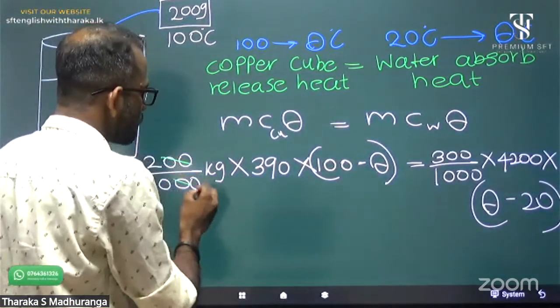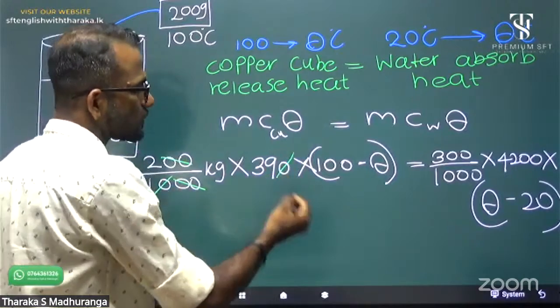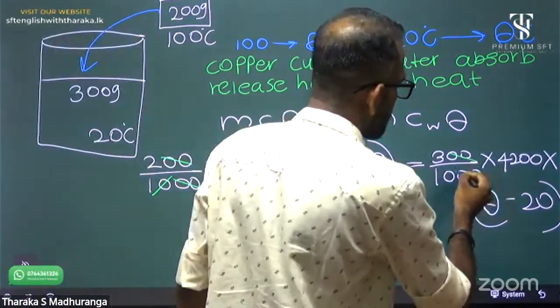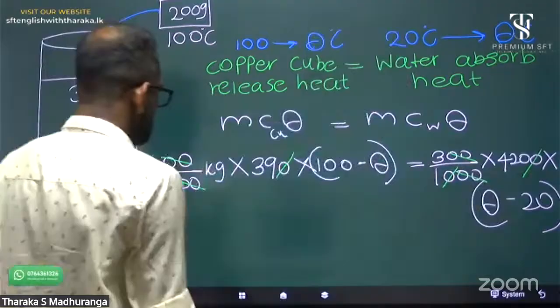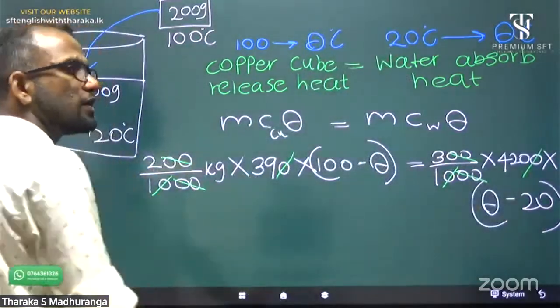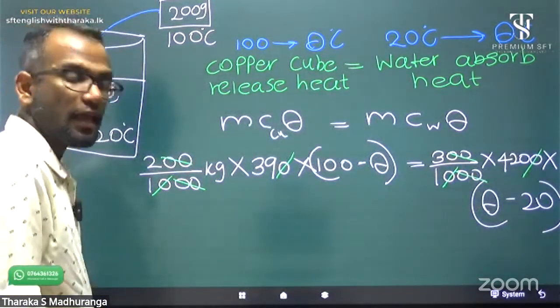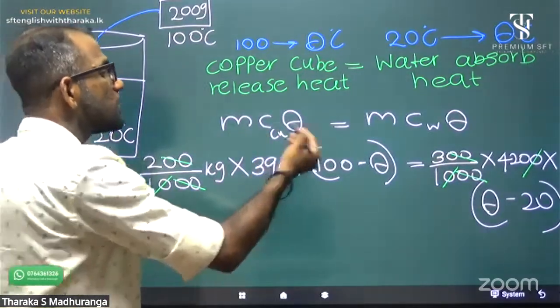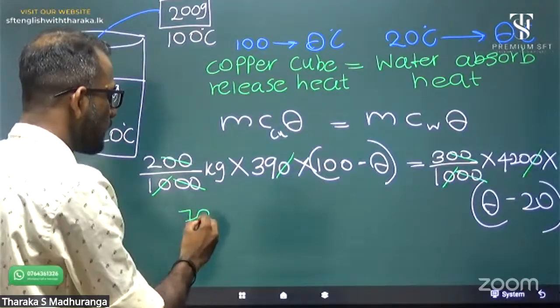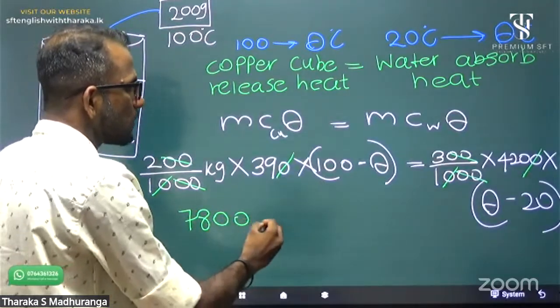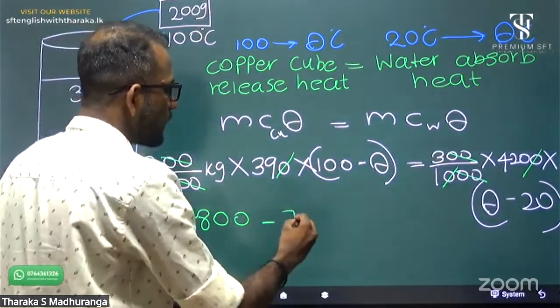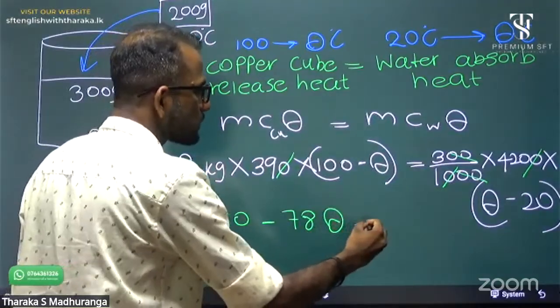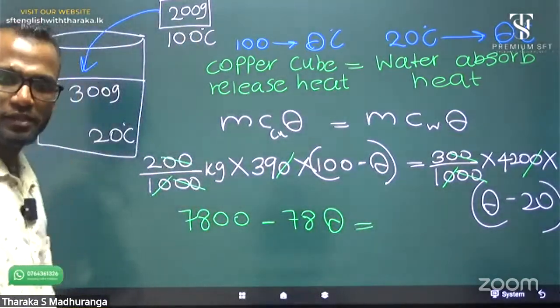Now see, the 20 cancels out, the 0 cancels. Now 2 into 39 is 78. 78 into 100, 7,800, minus 78 theta.